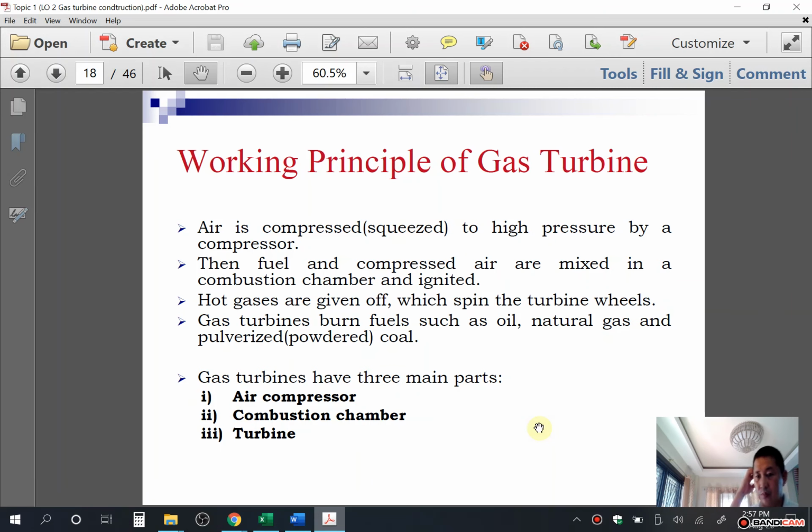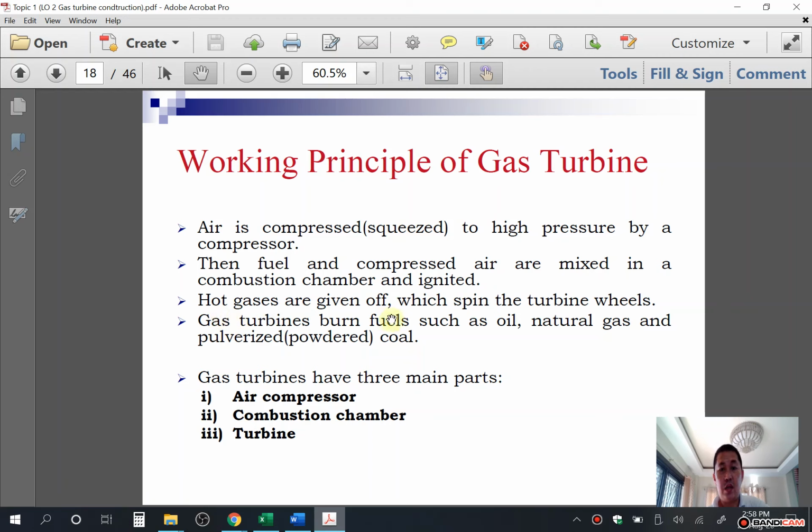Working principle of gas turbine. Air is compressed to high pressure by the compressor, then fuel and compressed air are mixed in the combustion chamber and ignited.